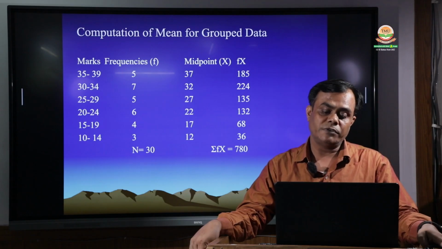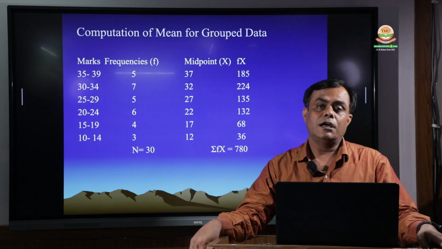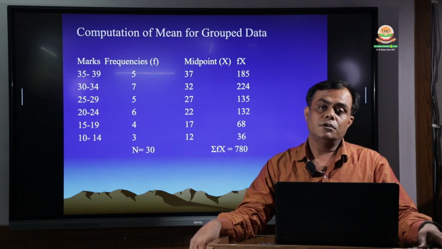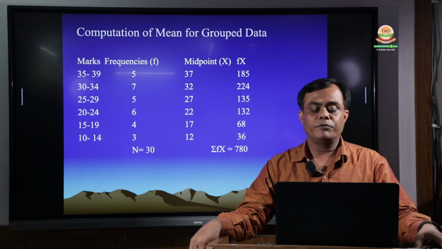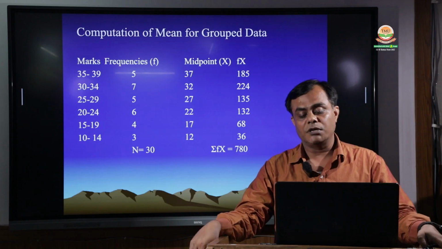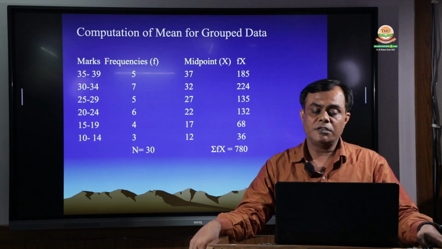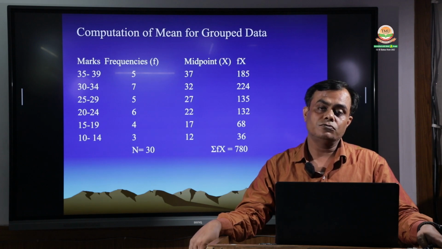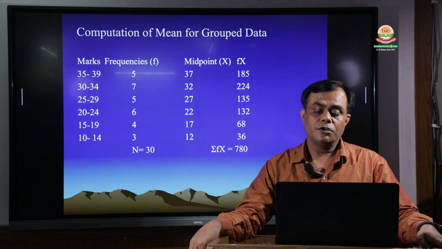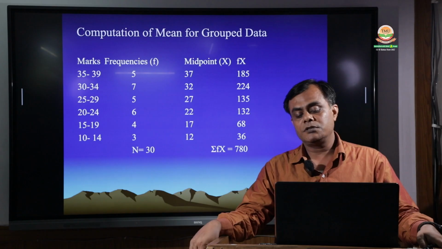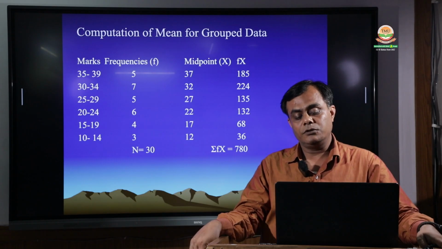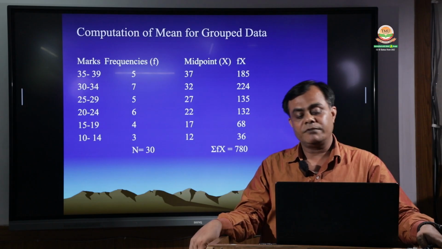So 17 multiplied by 4 equals 68. The sixth group is 10 to 14, the frequency is 3, and the midpoint is 12. So 12 multiplied by 3 equals 36. So 185, 224, 135, 132, 68, and 36. Adding all of these gives 780. So sigma fx is 780.